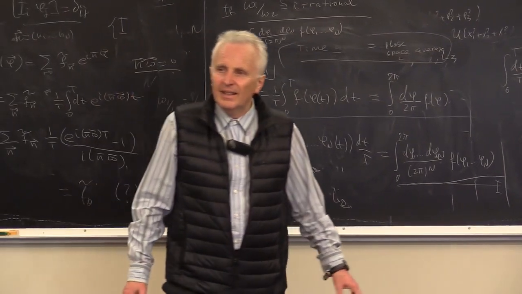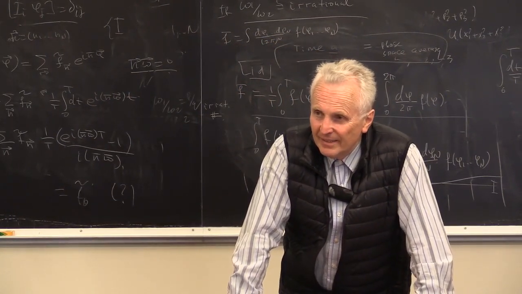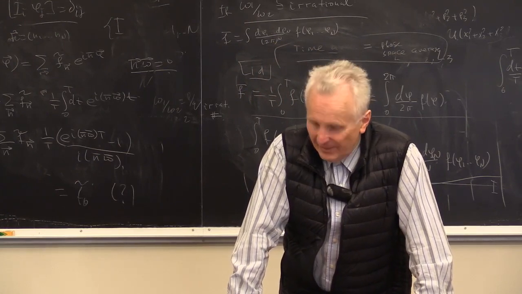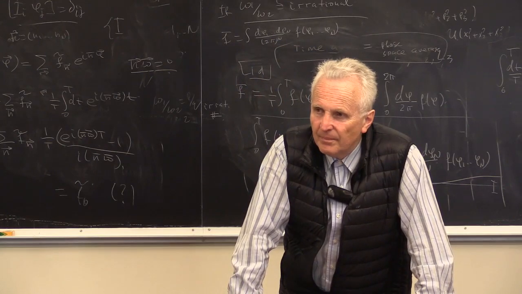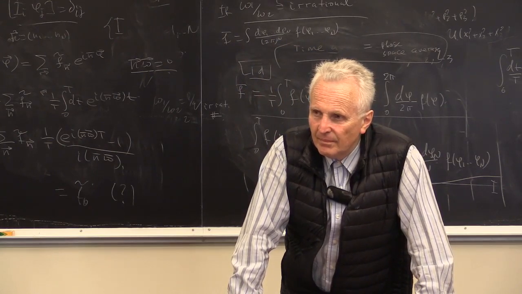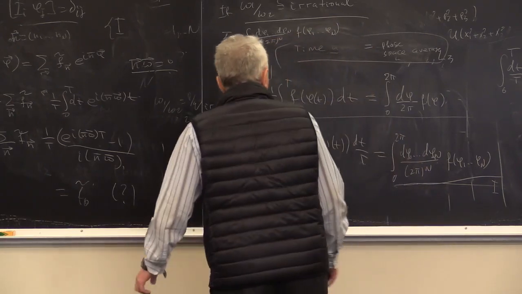Yeah? When you did H equals E, L2 equals some number, and L3 equals some number, how would we convert from those to the I's and phi's? That's a very good question.